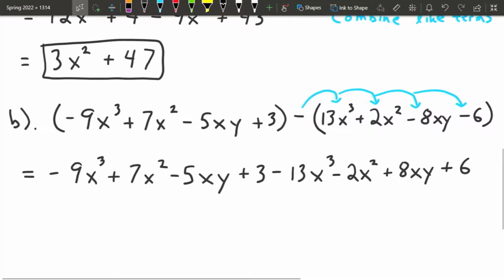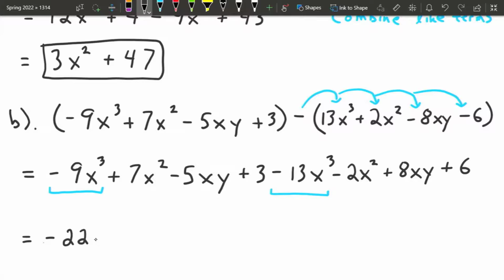Okay, and now we're going to look for how we can combine like terms together. So what are the like terms? Well, for instance, we have a negative 9x cubed and a negative 13x cubed. If we do negative 9 minus 13, that's negative 22x to the third.